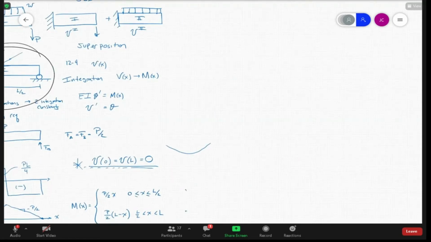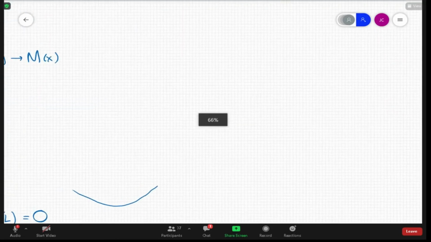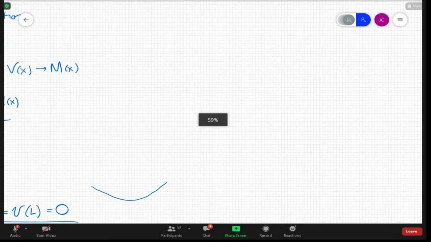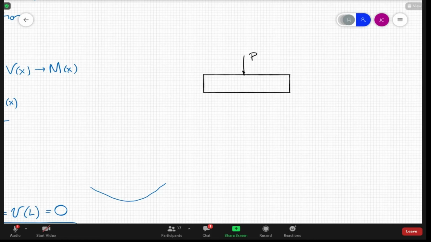So let's look at that. I'll just do that really quick and outline it, right? So I think I can do that. All right, so here we have the force in the middle, and it's pinned at the left side.